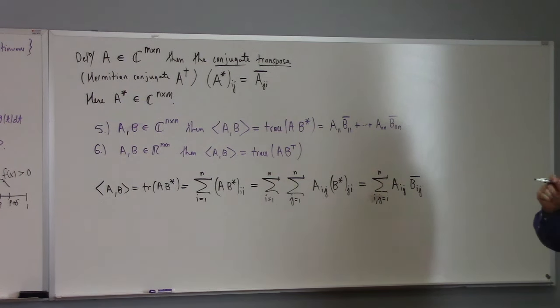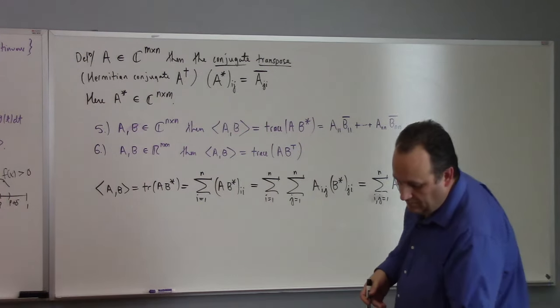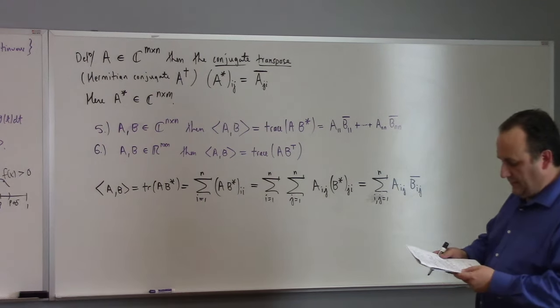Because that's exactly the dot product of the matrix with itself, thinking of it as a vector. You're multiplying the ij component with the ij component complex conjugated here. All right.